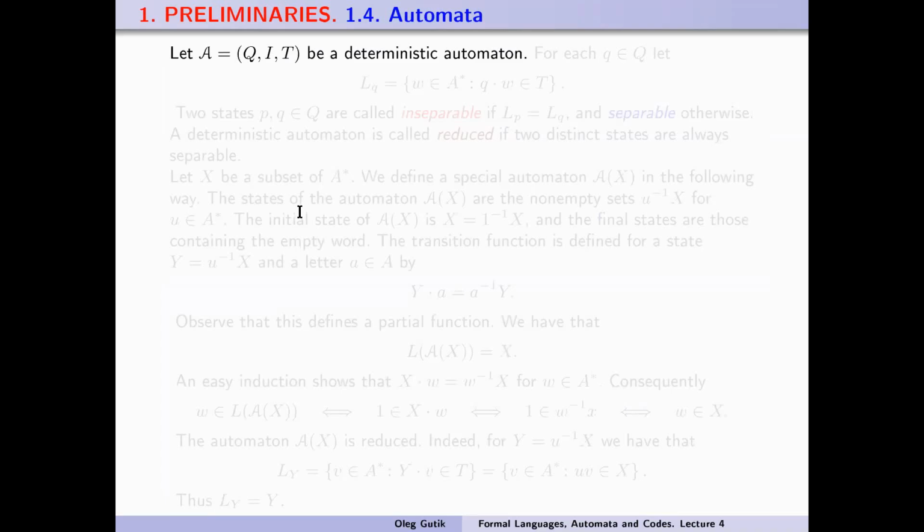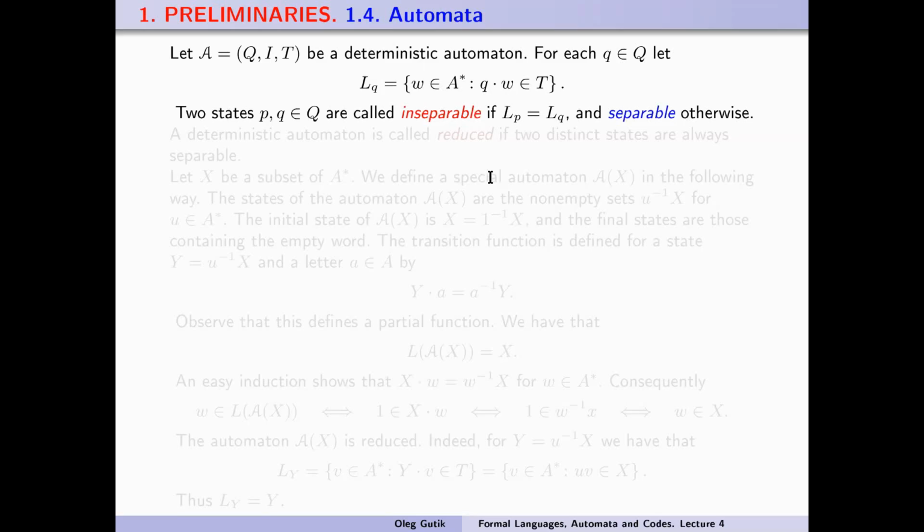Next, let A, Q, I, T be a deterministic automaton. For each state Q, we put L of Q to consist of such words from our alphabet A capital, so that Q multiplied by W belongs to the terminal states.